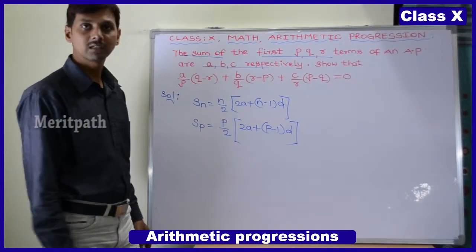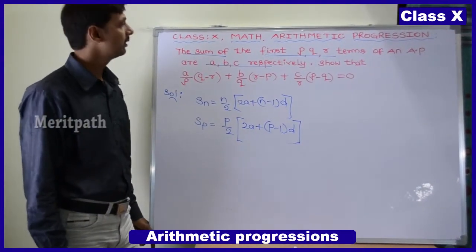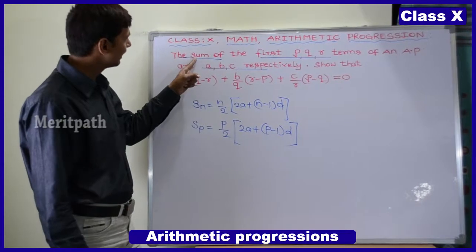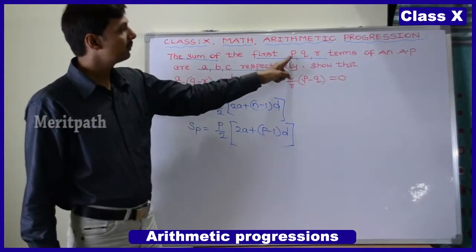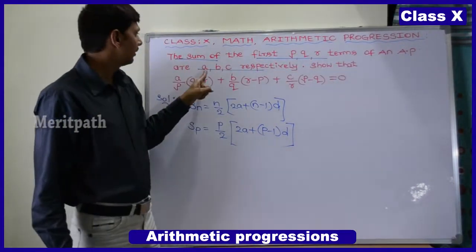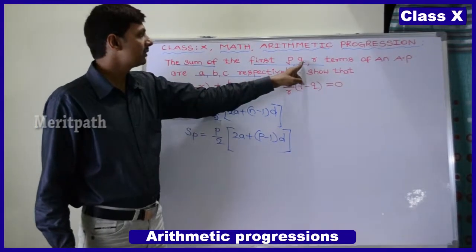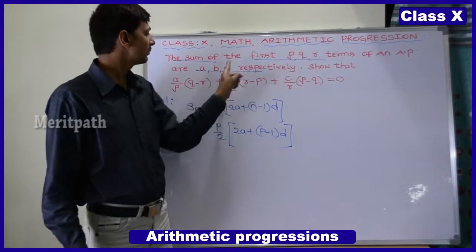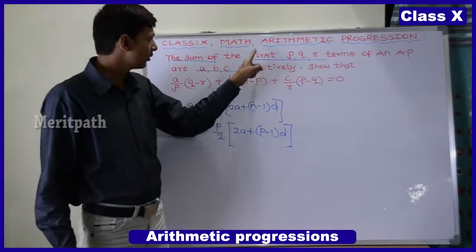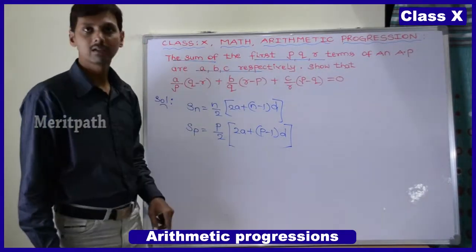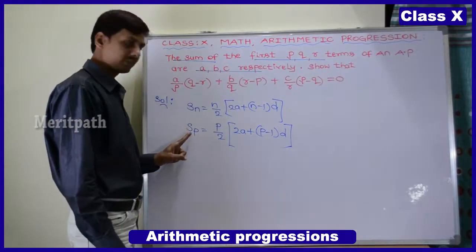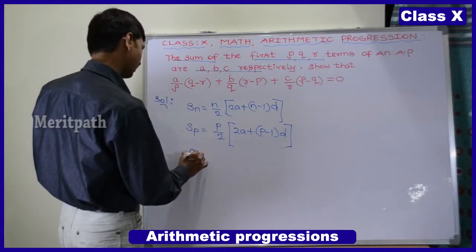This is the sum of P terms we need to find, but they have given that the sum of first P terms is a, Q terms is b, and R terms is c respectively. So the sum of P terms becomes a.